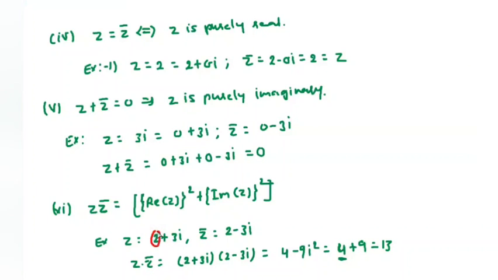Yes or no? And look at 9. 9 is the square of 3, which is the imaginary part. So this you can write as Re(z) square + Im(z) square. Clear? So z into z bar is equal to the real part of z square plus the imaginary part of z square. Okay, now next property.